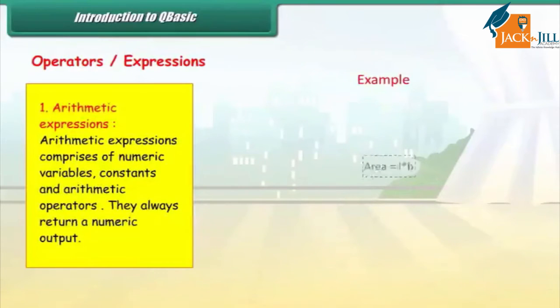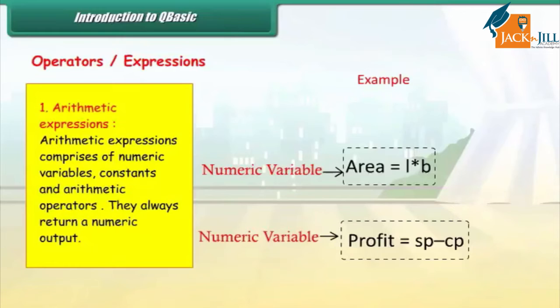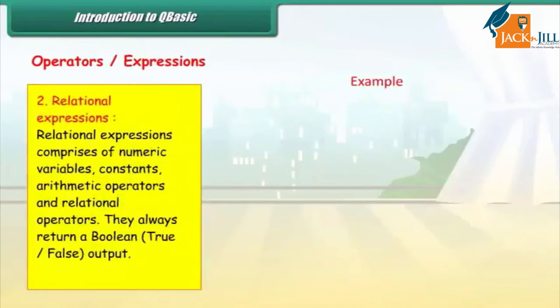Number 1. Arithmetic expressions. Arithmetic expressions comprise numeric variables, constants, and arithmetic operators. They always return a numeric output. Number 2.